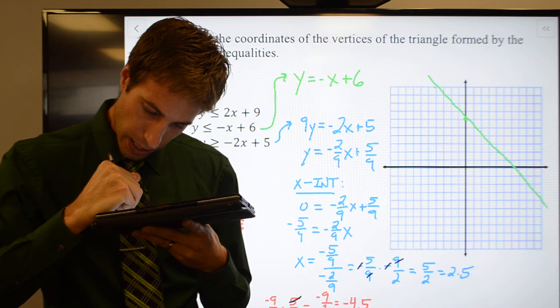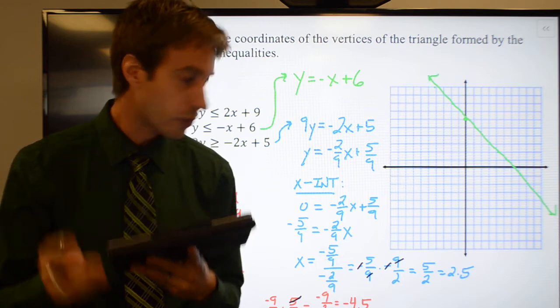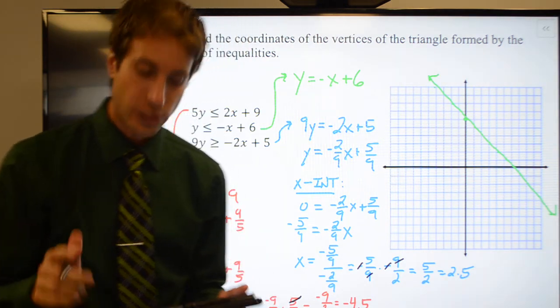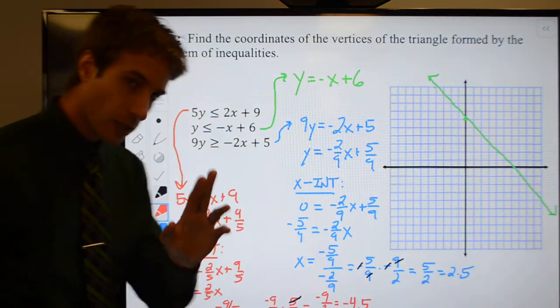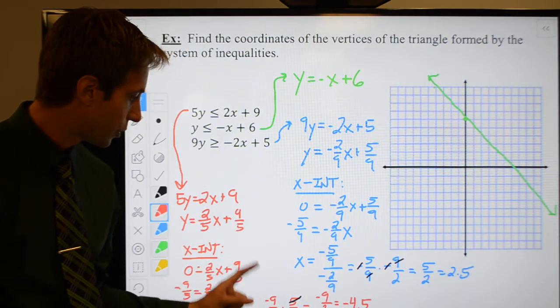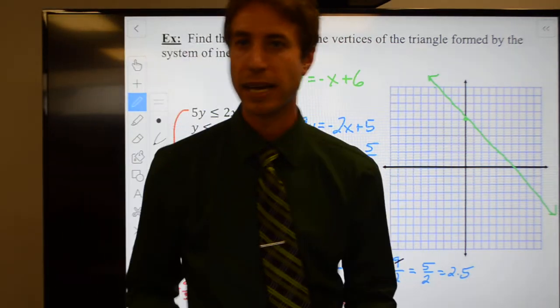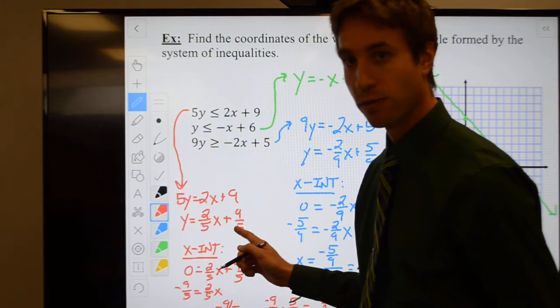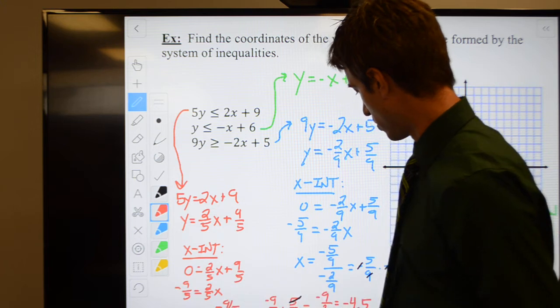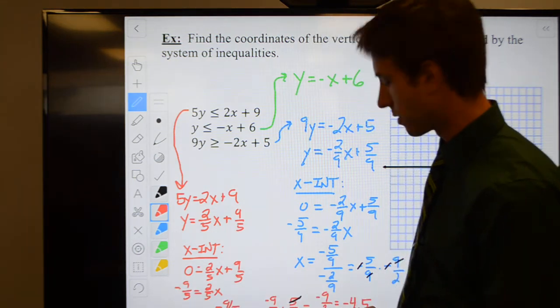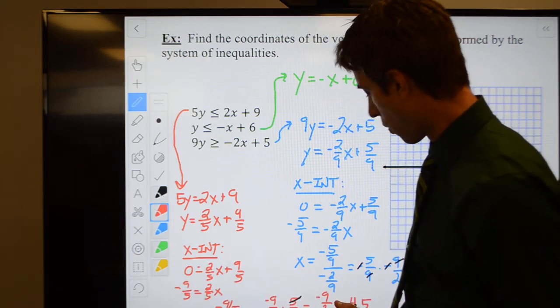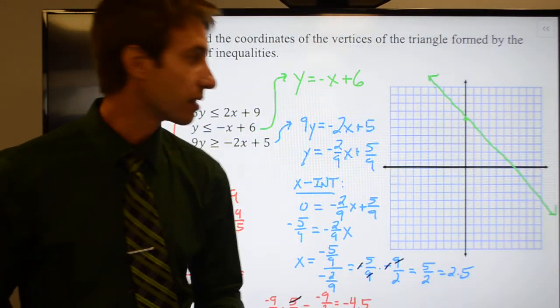And my green solid line should just run right down through there. Let's do the red one. Remember, instead of doing this crazy y-intercept, which turned out to be a positive 1.8, I'm going to do this x-intercept, this negative 4.5. It'll probably be a little easier to graph.